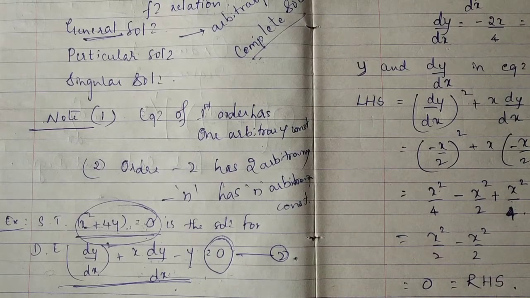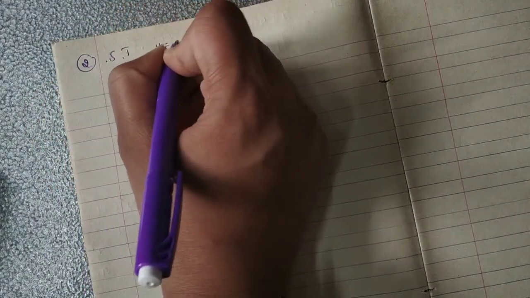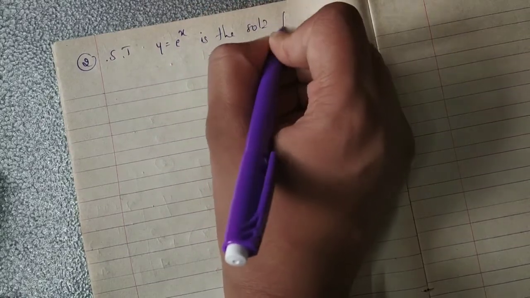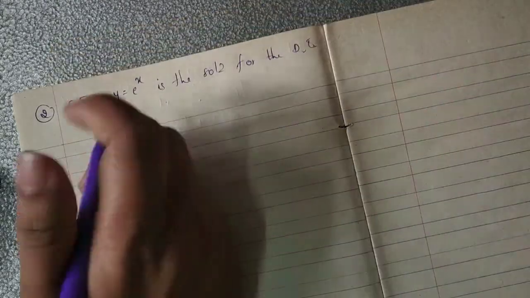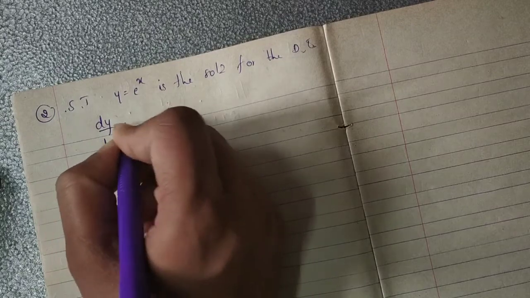Be careful while solving the problem. Similarly, show that, second example, show that y equal to e raised to x is the solution for the differential equation dy by dx minus y equal to 0.